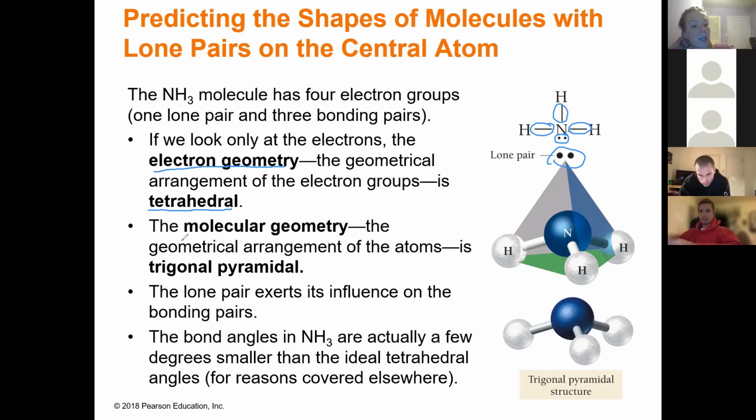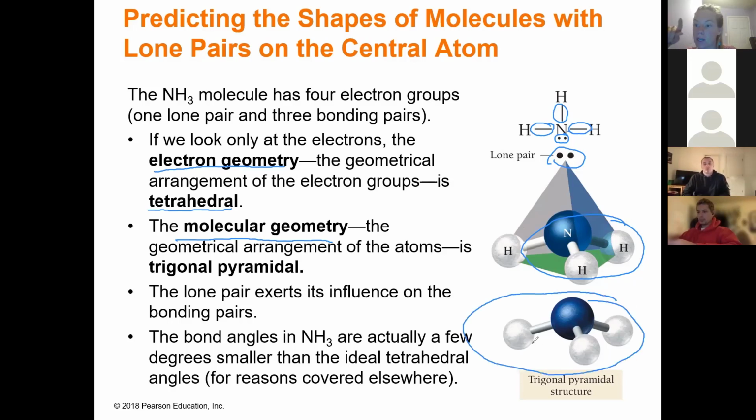The molecular geometry, though, is a little bit different. The molecular geometry is saying, hey, I don't want to know what the electron groups are doing. I just want to know what the atoms look like. So if I've got a lone pair of electrons, it has an effect on this shape. What's remaining is nitrogen with 3 hydrogens, but it's not trigonal planar.